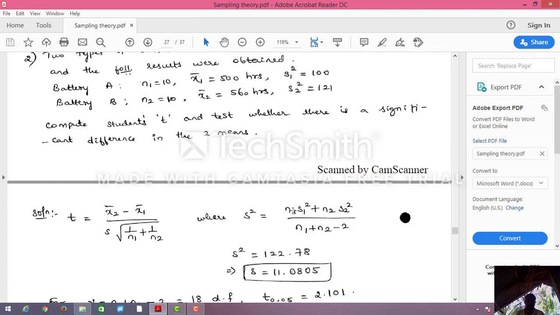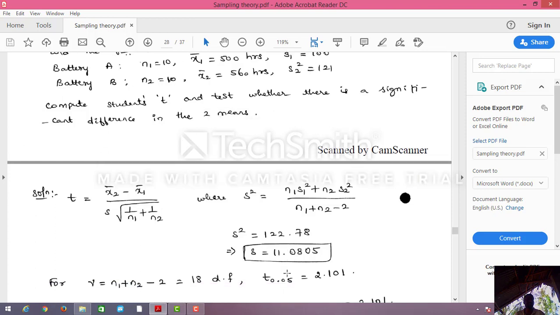You can substitute here: 10 into s1 square, which is 100, plus n2, which is 10, into s2 square, which is 121, divided by 10 plus 10 minus 2. That is 18. If you add and divide, we get S square equal to 122.78.